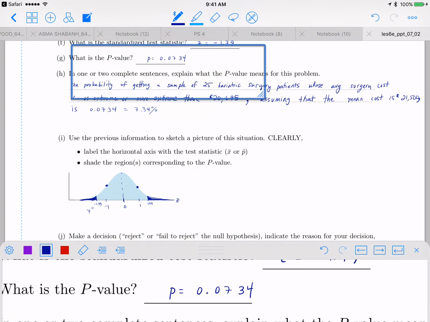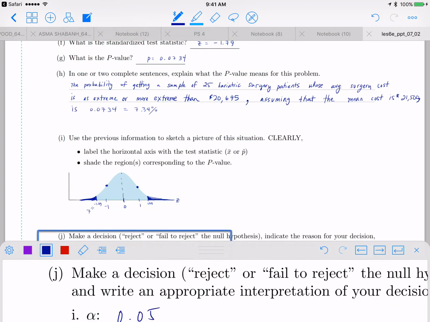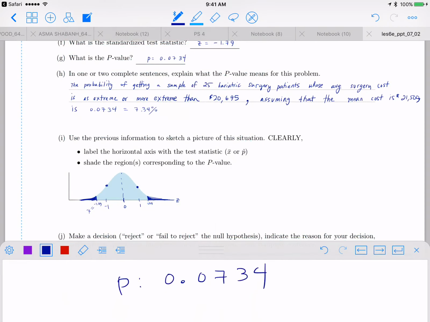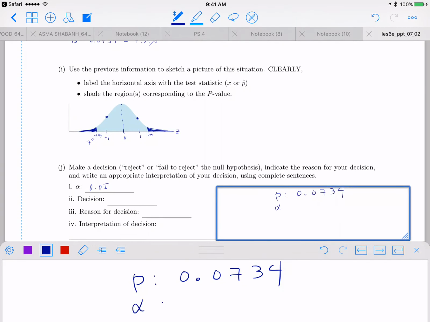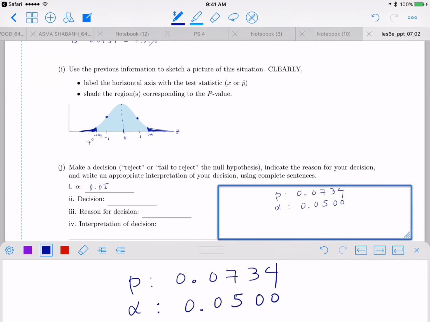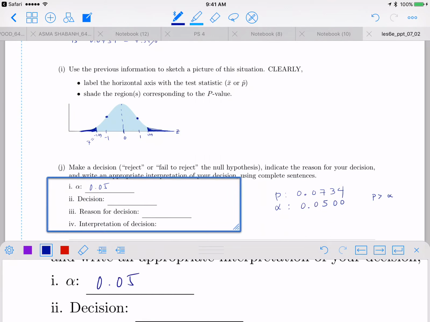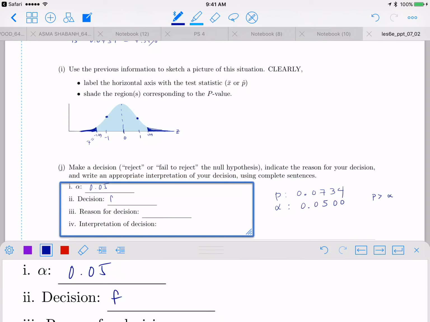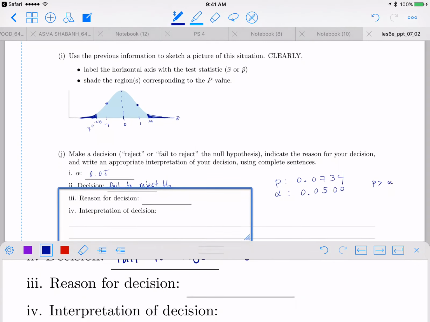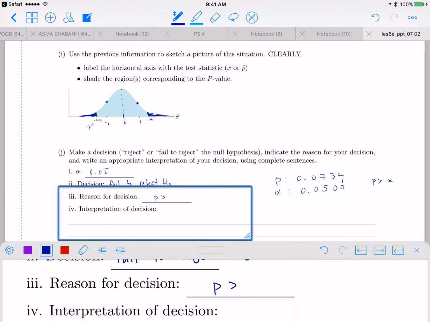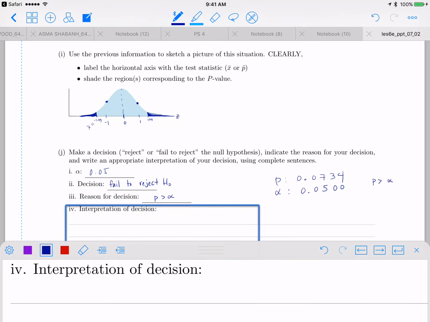So we need to compare the two. I'm going to add 2 zeros behind so I can have the same number of digits. And clearly p is greater than alpha. So my decision is going to be to fail to reject H naught. Reason for decision, p is greater than alpha.